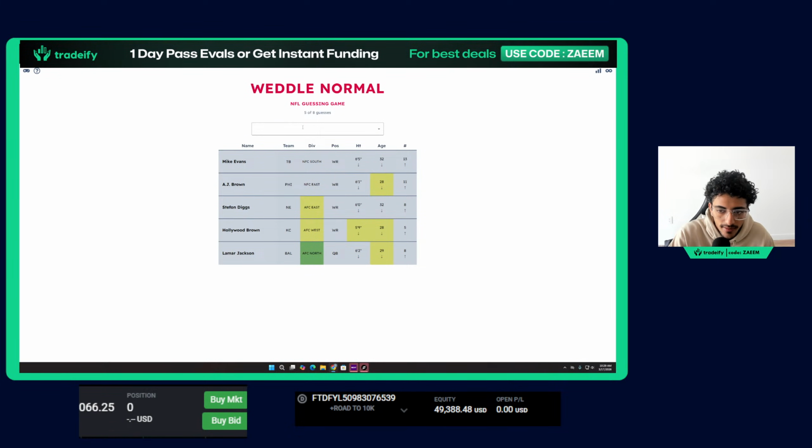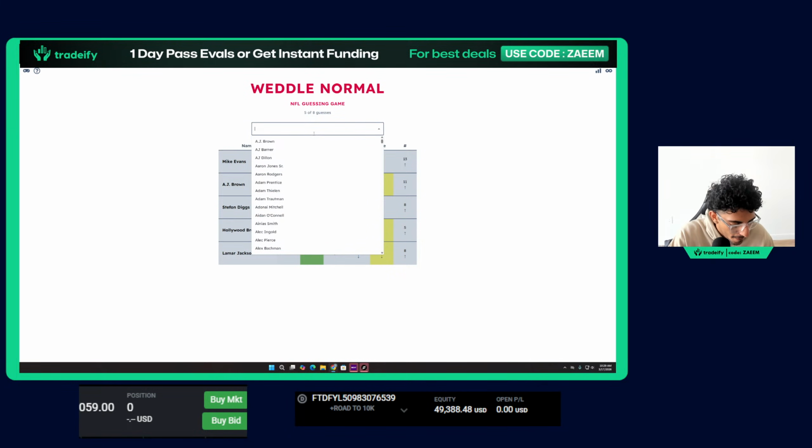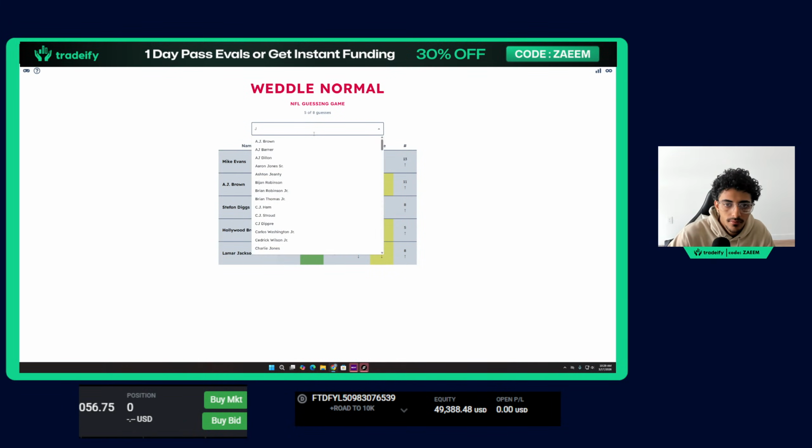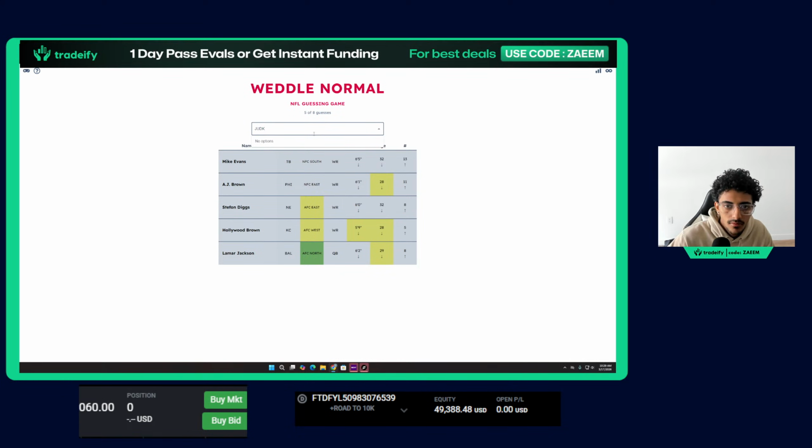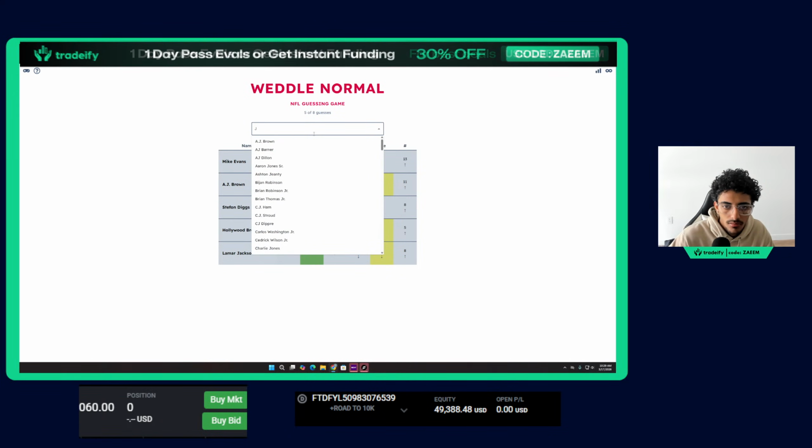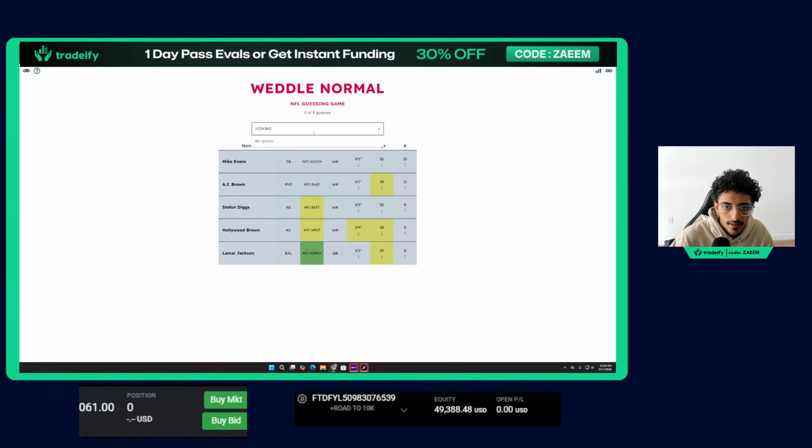Younger than 28. Shorter. So it has to be, yeah. Okay. Steelers, Ravens, Bengals, Browns. Judkins. Let's do Judkins. Bro, is that guy not like... Am I tripping?